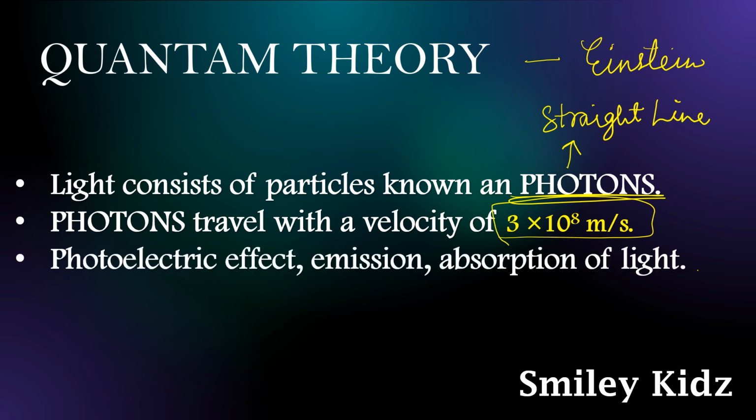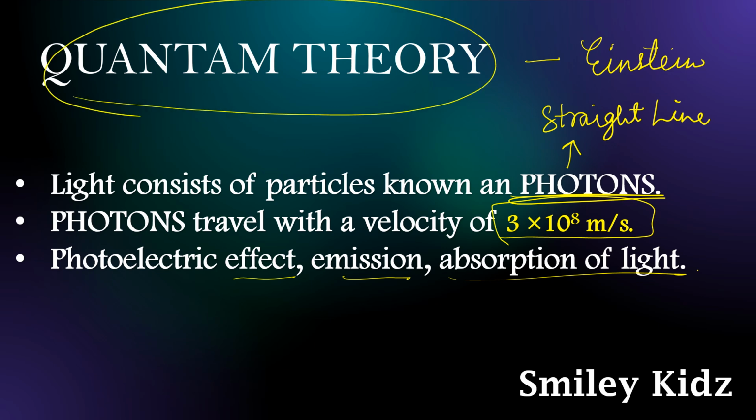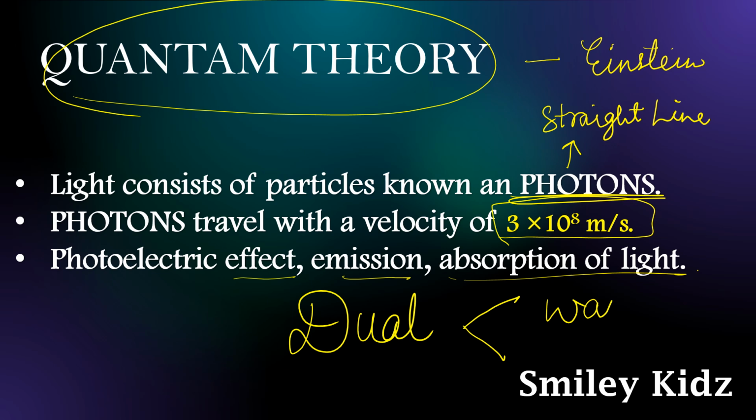And the phenomena like photoelectric effect, emission, absorption of light can only be explained by the particle theory or the quantum theory. Thus, there are evidences that light has a dual nature, that is, a wave nature and a particle nature.